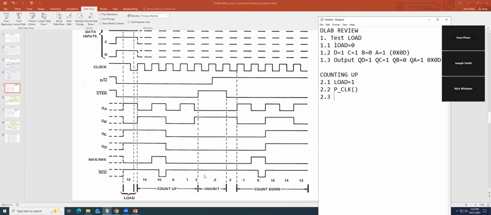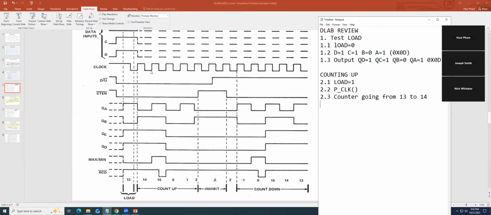Okay. So when you apply the clock, the counter going from 13 to 14, right? Right. Okay.